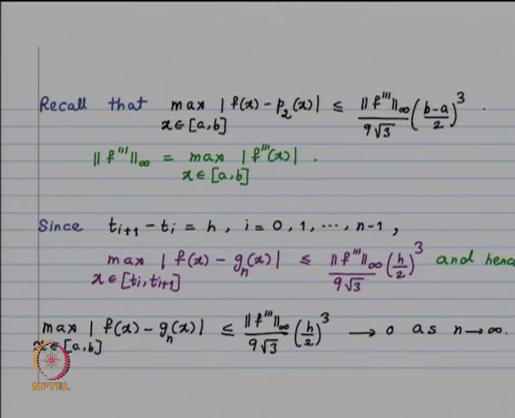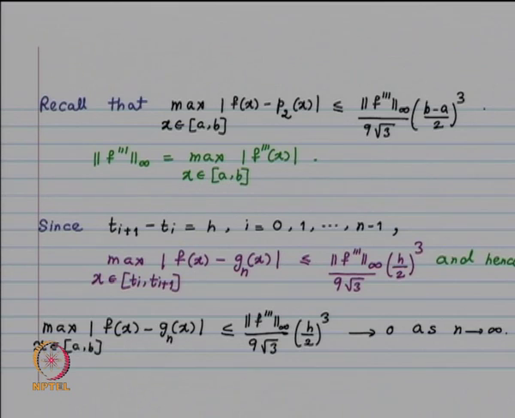And now, look at the error. So, the error for single polynomial was norm f triple dash infinity upon 9 root 3 into b minus a by 2 cube. Look at the interval t i to t i plus 1. So, replace the interval a b by t i to t i plus 1. Then the upper bound is norm f triple dash infinity by 9 root 3 into h by 2 cube.